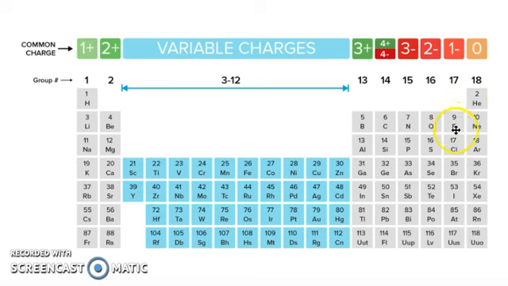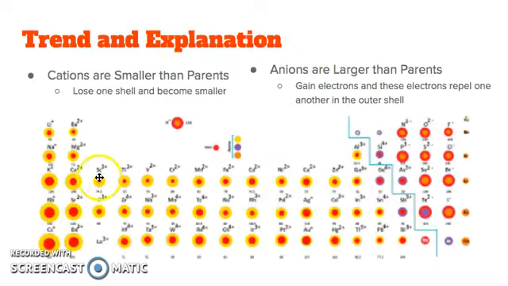Contrastingly, fluorine has 7 electrons in its valence shell, and as it gains 1, the extra electron added will actually repel the others and will make the size of the atom increase. So we can see here that cations are smaller than their parents, and anions are larger than their parents.